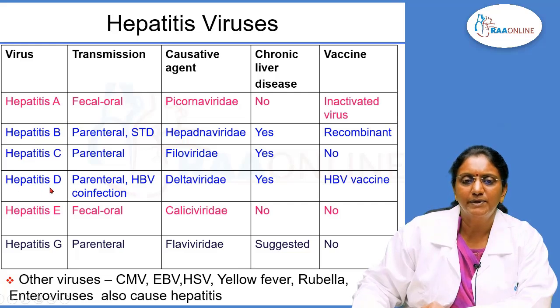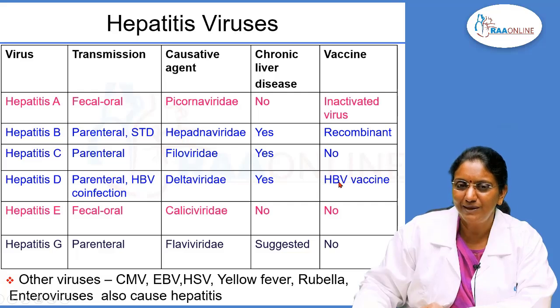Then the next virus is hepatitis D virus. Again, this also spreads by the parenteral route. As I told earlier, it needs the hepatitis B virus so that it can co-infect a patient along with the B virus. It belongs to the family Deltaviridae. It can also cause chronic liver diseases, and the vaccine for it is the HBV vaccine. So this is an example of one viral vaccine which gives protection against two different viral infections.